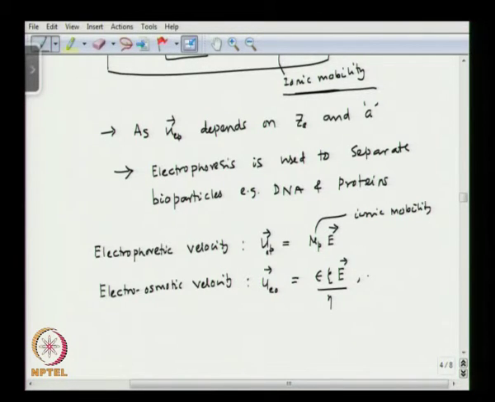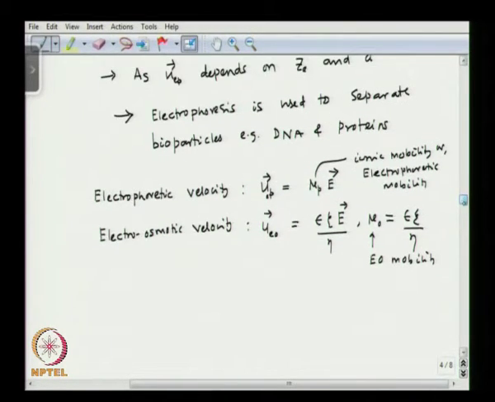So mu_0 is given by epsilon into xi over eta, okay. So this is the electroosmotic mobility, and this ionic mobility is also known as the electrophoretic mobility, okay.